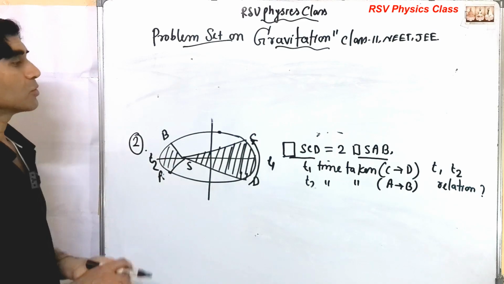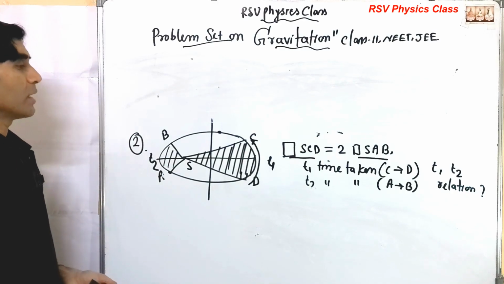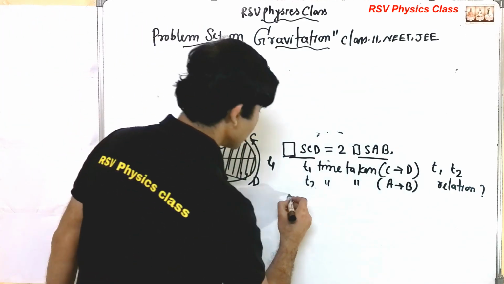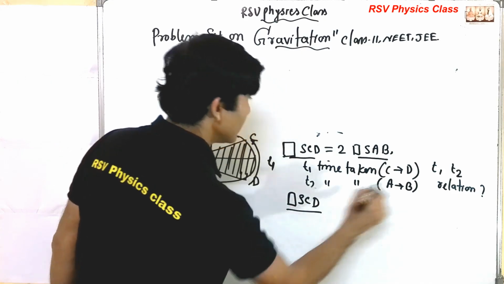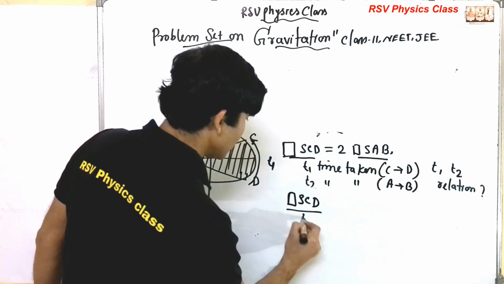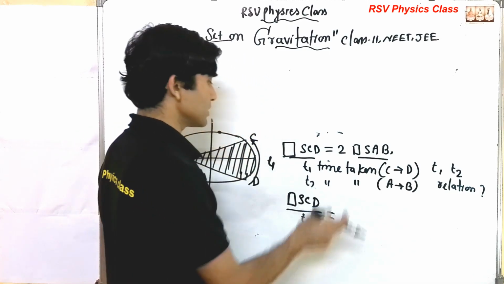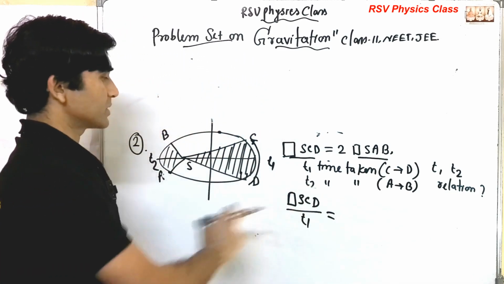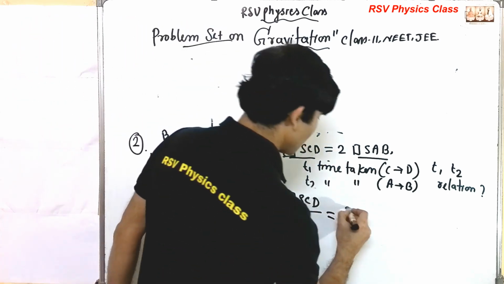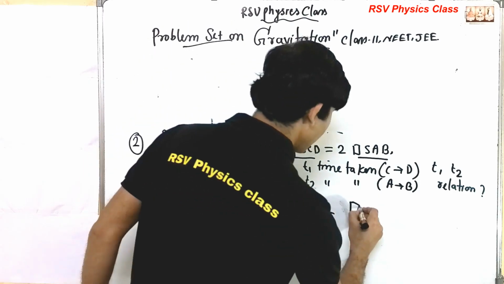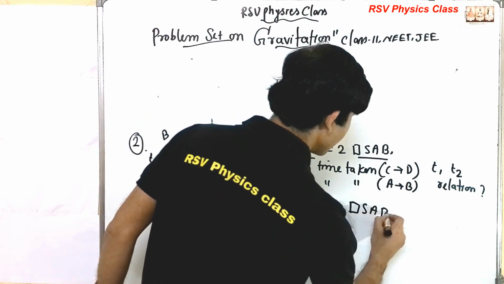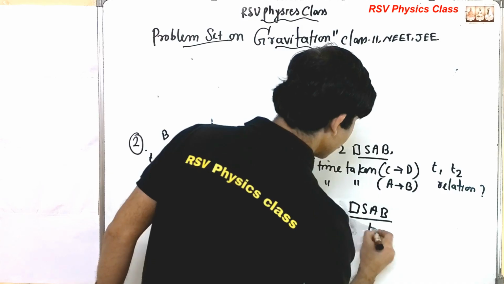You have to find. By Kepler's law, areal velocity is constant, which means area over time. So SCD over T1 equals area SAB over T2.